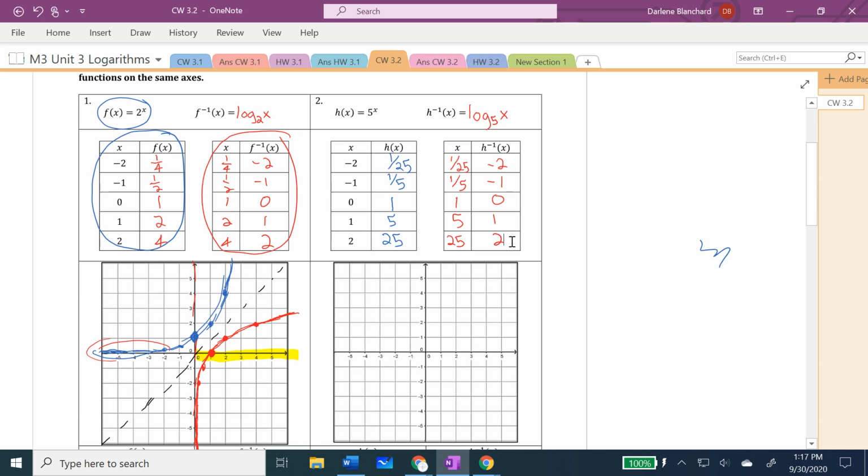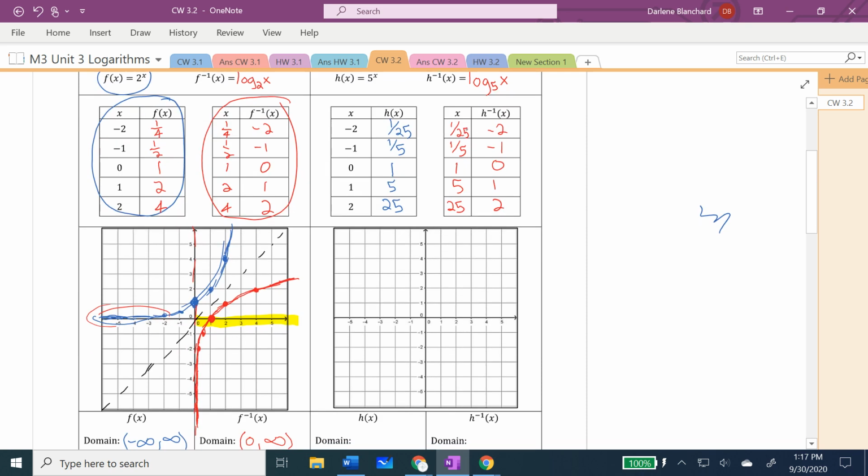I'm going to plot the points of this logarithm. 1/25 is near impossible to plot as an x-coordinate. So basically, it doesn't like it when I hold the pen there too long. So it is even closer than I can draw. Then I have 1/5 for an x-coordinate goes with negative 1. I can kind of draw that. 1, 0, very important point. 5, 1 is another very important point, and I'm not even going to be able to plot the last one.